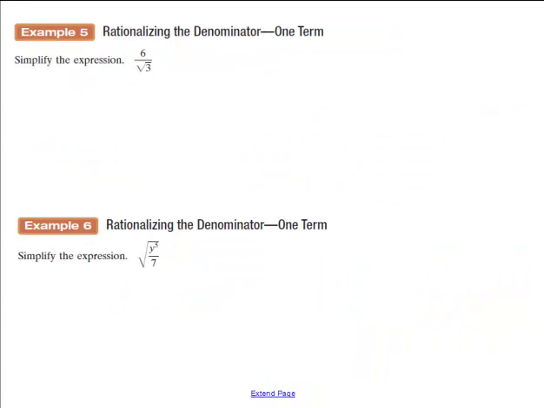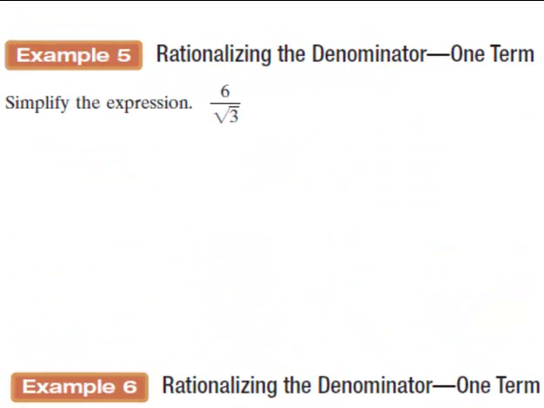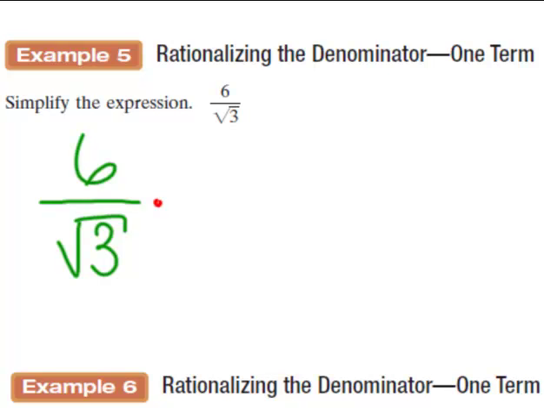Let's do another one. This one's actually easier than the last one, but it involves simplifying at the end. So I have 6 divided by the square root of 3. So in order to get rid of that square root, I would need 2 3's. Since I only have 1, I'm going to multiply it by another square root of 3.